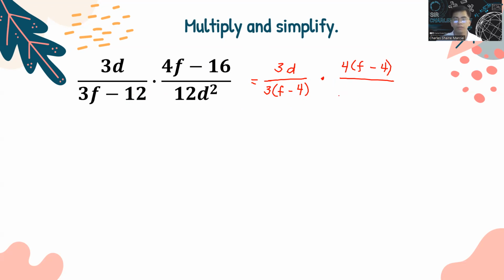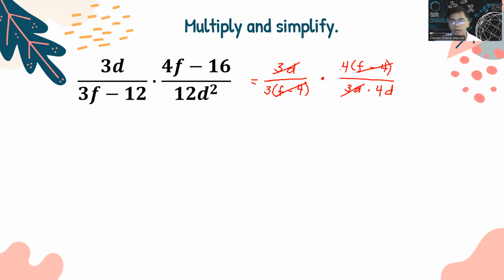And also for 12d squared, pwede rin natin siyang i-factor out, magiging 3d times 4d. Okay, so 3 times 4, that is equal to 12. D times d, that is equal to d squared. Then after that, i-cancel out na natin yung lahat ng common factors. Cancel yung 3D, cancel din yung f minus 4.